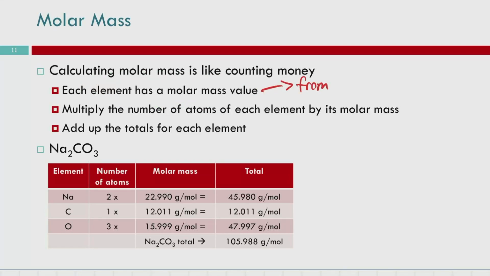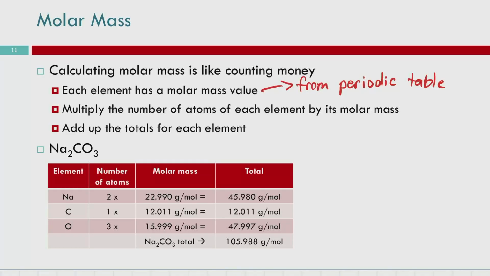We can get those from the periodic table, from your yellow sheet, from an app on your phone, from Google, from the periodic table that you keep in your wallet, wherever you want. Then we multiply the number of atoms by its molar mass, and then we add up the totals for each of those elements. Your calculations might end up looking something like I've drawn up in this table.